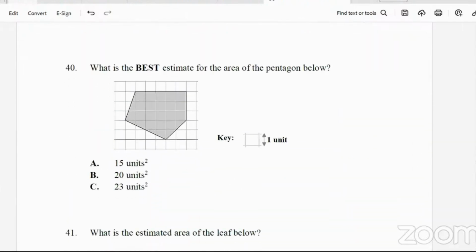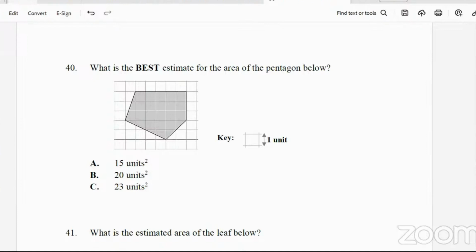All right, question 40. What is the best estimate for the area of the pentagon shown below? Okay, so now this is a very irregular shape, and so we cannot use the regular formula for area, which would be length times width.